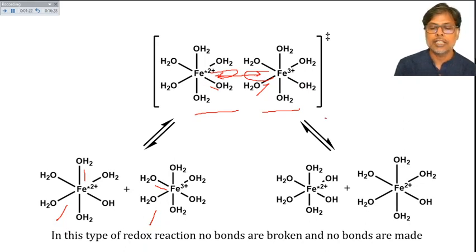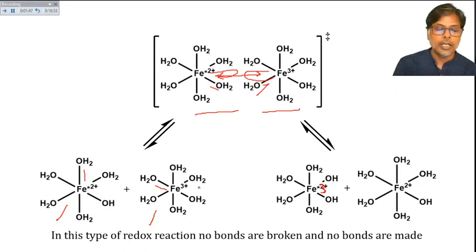Once the electron transfer takes place, here it is supposed to be iron 3, so it's a typo. So this is iron 3. The iron 3 goes with the shorter bond length and iron 2 goes with the longer bond length.